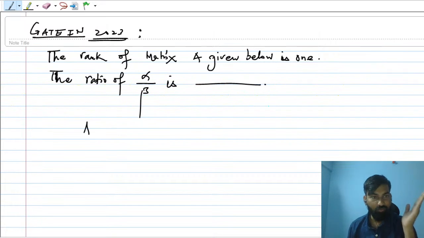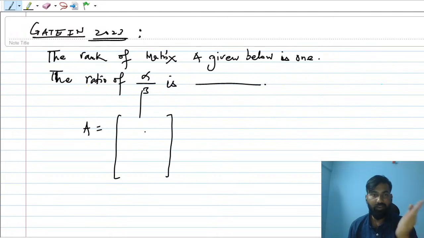Now, what is the matrix given? This is the matrix given. You see, this matrix is a 3 by 2 matrix. It is not a square matrix: 1, 4, minus 3, alpha, beta and 6.